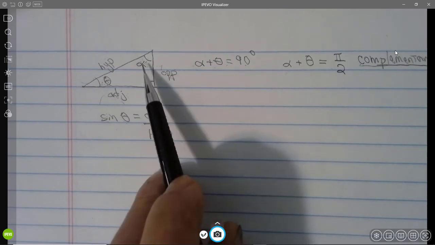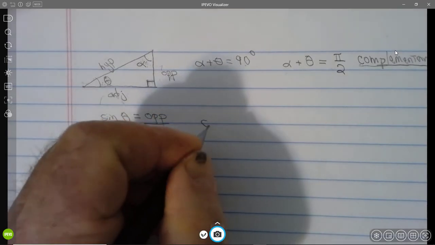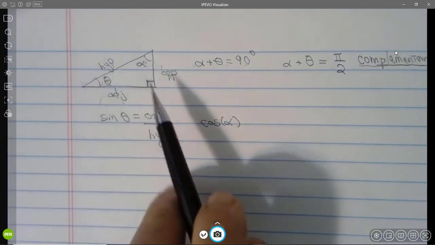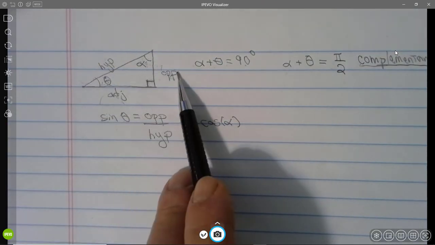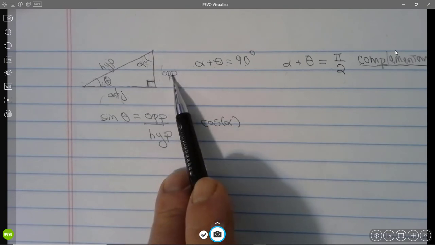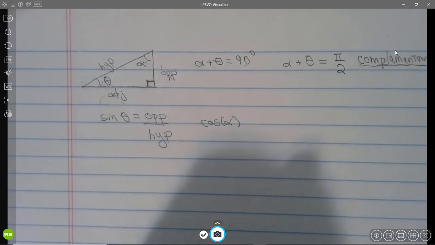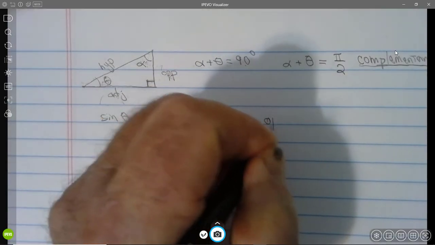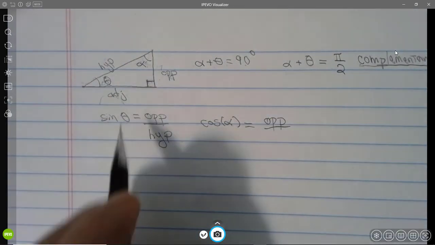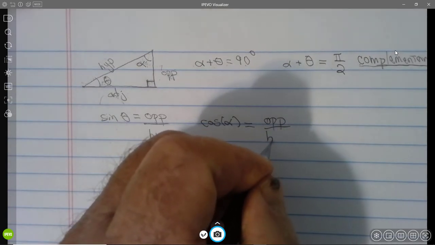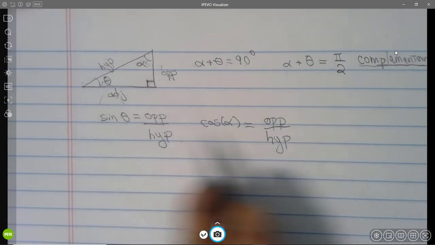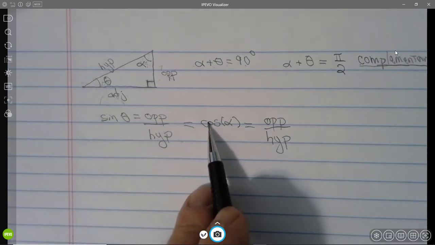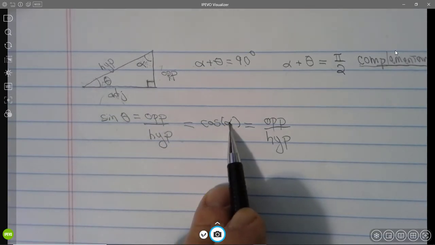Well, the cosine of alpha is the side adjacent to it, which I've got marked OPP, meaning that it's opposite theta. And the hypotenuse would go in the denominator. But notice these things are equal.